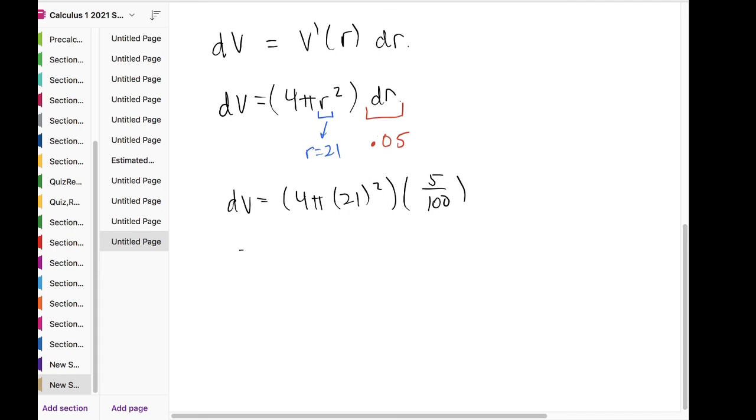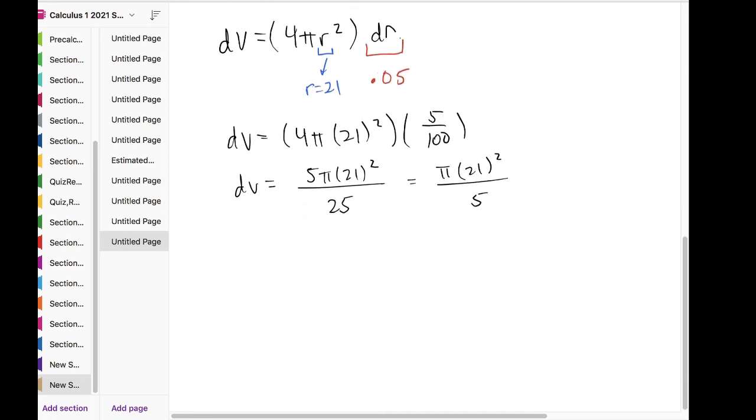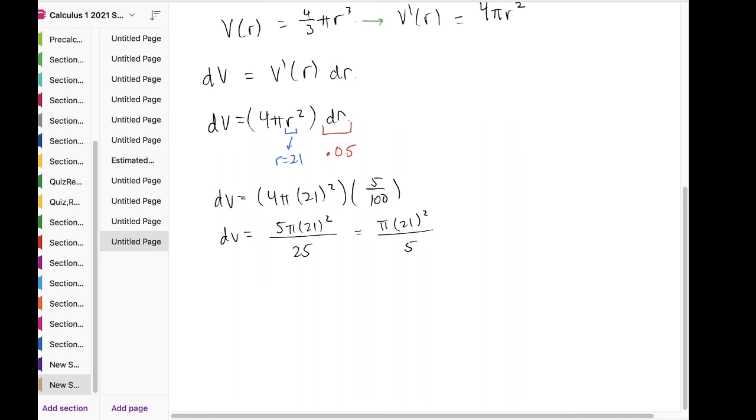That is 5 pi 21 squared over 25, so pi 21 squared over 5. That's the differential of the volume.